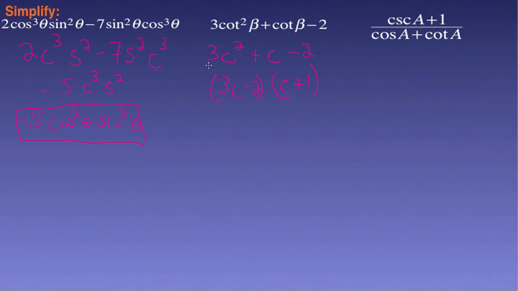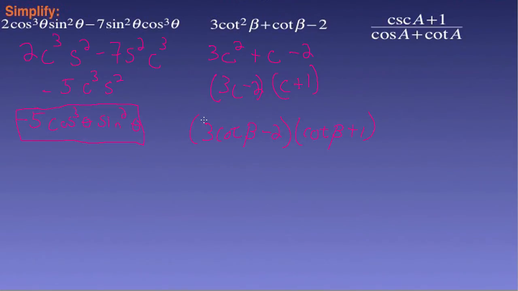So I factored an algebra expression, but c is really representing cotangent beta, so I'm going to rewrite my final answer as 3 cotangent beta minus 2 times cotangent beta plus 1.